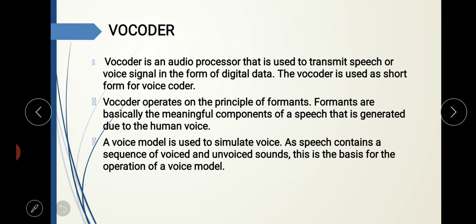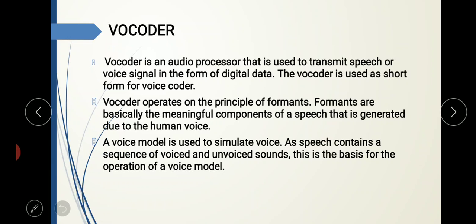From that speech, the meaningful components of that speech is known as formants. Whenever a speech signal is transmitted, it is not needed to transmit the precise waveform. We can simply transmit the information by which one can reconstruct that particular waveform.